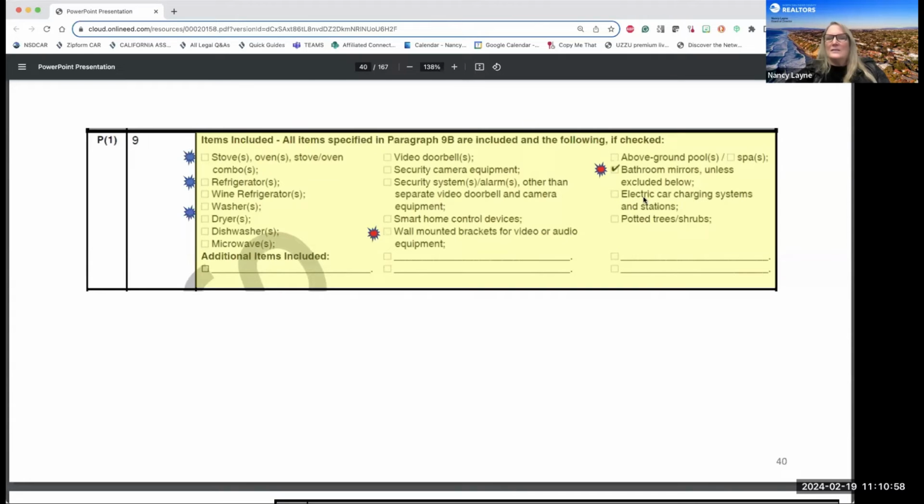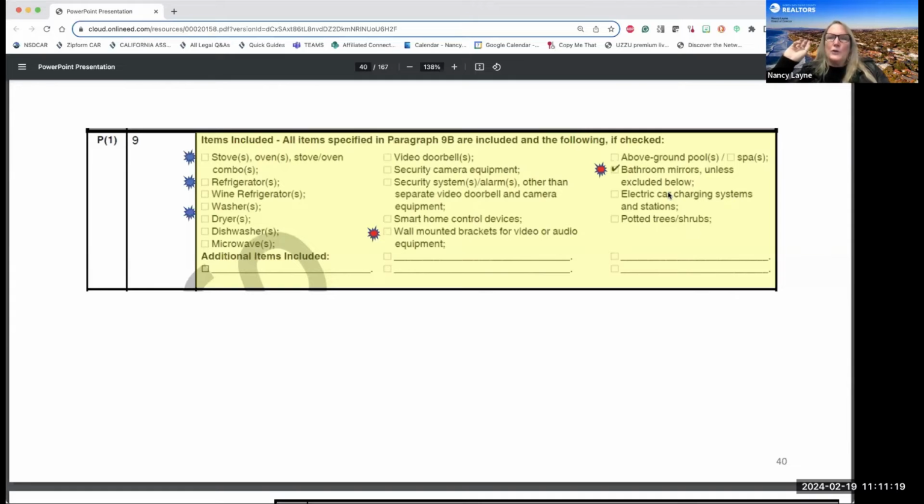The other one that's a biggie is the electric car charging systems and stations. That one is a newer issue, but it's certainly been a problem because they can be expensive. The other thing is the smart home control devices. That includes light bulbs, by the way.